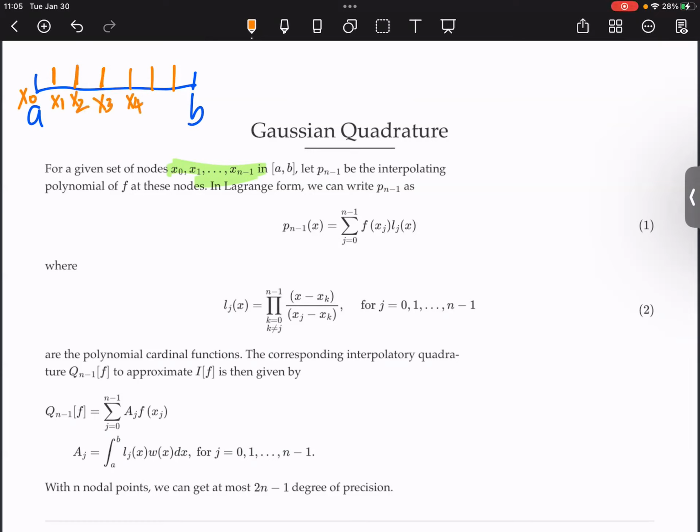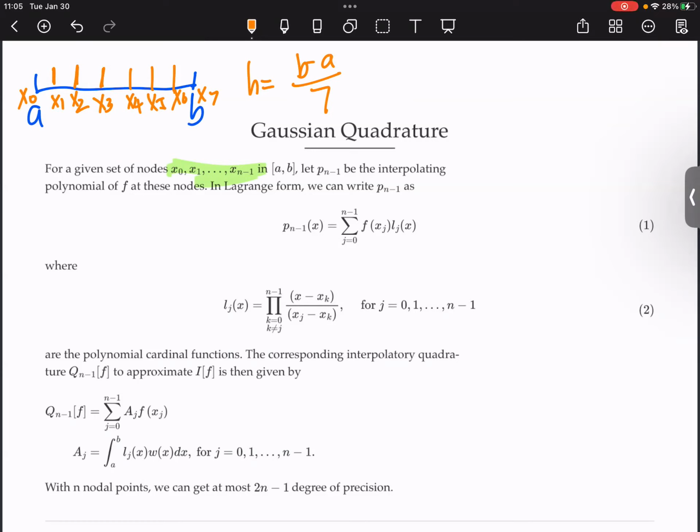So if we have 6 intervals here, for each interval the step size is (b minus a) divided by 6. And this is equally distributed for the nodal points.